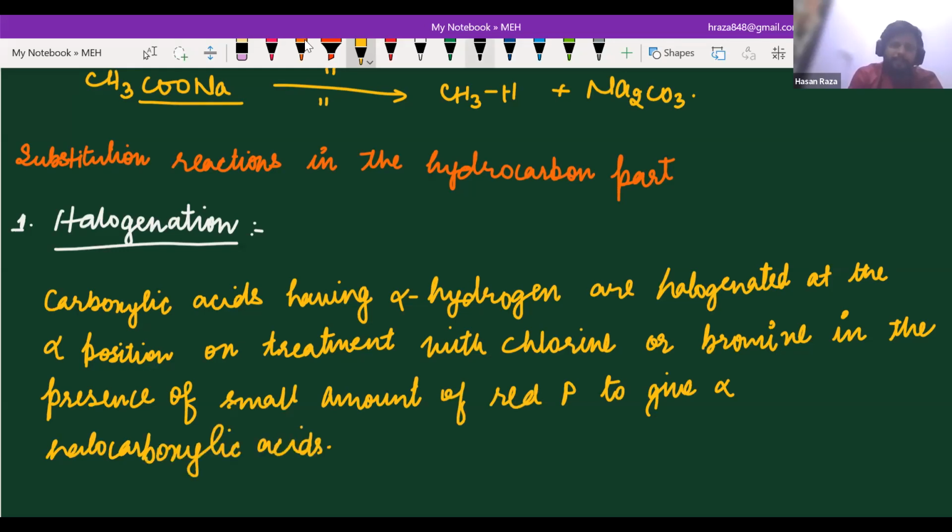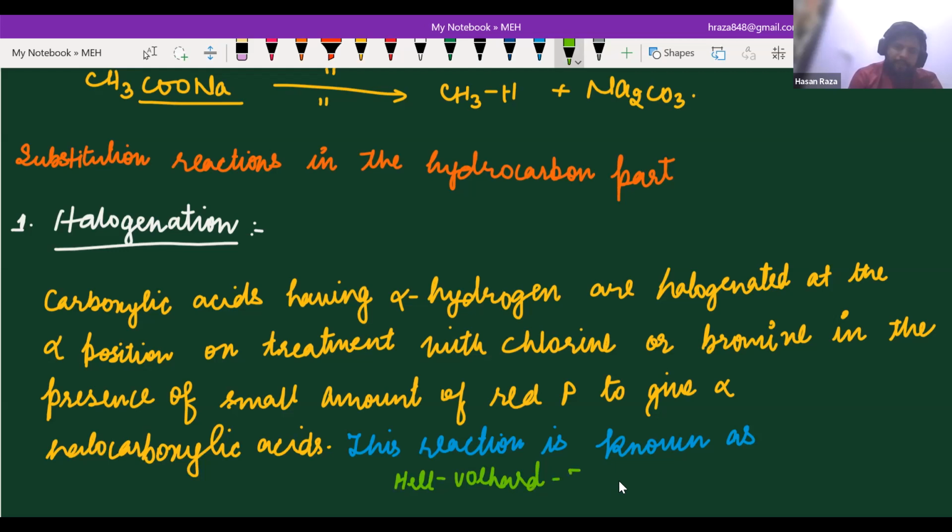And this reaction is known as Hell-Volhard-Zelinsky reaction.